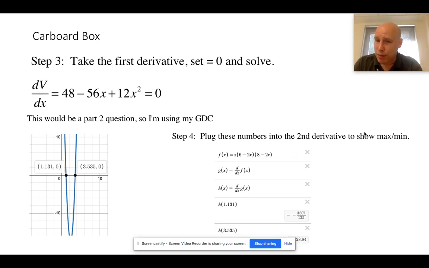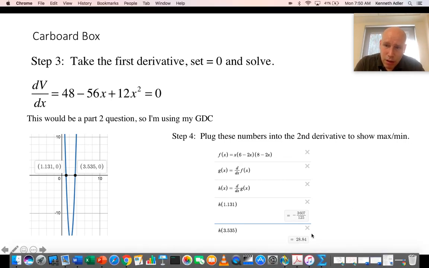You can use Desmos to plug the two values into h, and you could see here that the second derivative at 1.131 is negative, therefore it's a max. Also, the second derivative at 3.535 is positive, so that's going to be a minimum, a theoretical minimum. You could see the volume is actually negative, so it's a theoretical minimum.